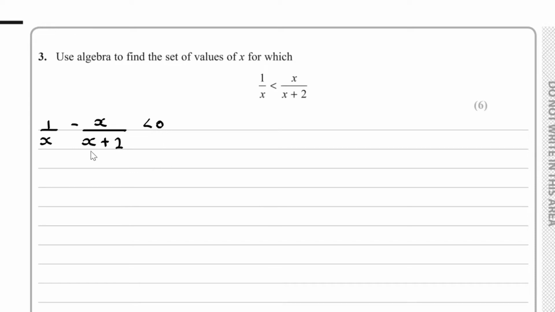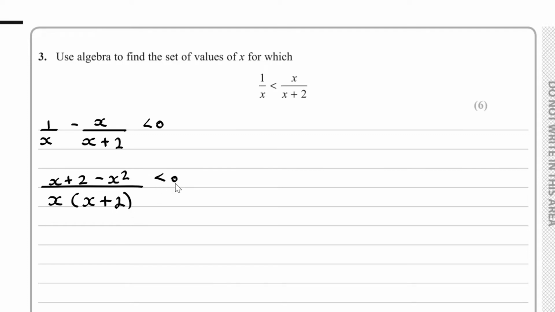If we multiply the 1 by the x plus 2, and the x by x, to combine the fractions, we have x plus 2, let's just get rid of the brackets, x plus 2 minus x squared over x lots of x plus 2, and this is less than 0.